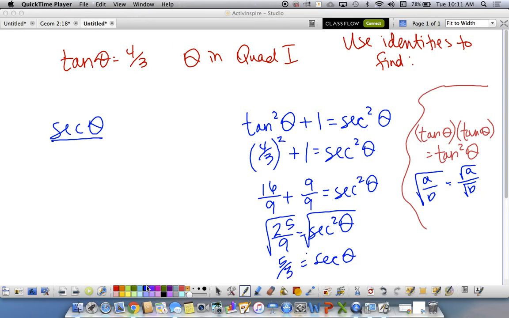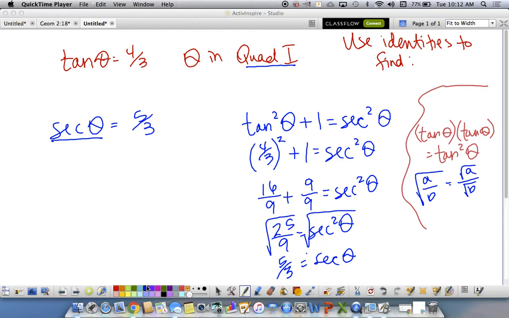Now, should I question what quadrant I'm in? Probably to see if it's positive or negative. Anytime you take a square root, it can be positive or it can be negative. This time we were in quadrant 1, so secant theta will simply be positive 5/3. We used an identity. This is what I'm going to be looking for. Did you use an identity to solve this?